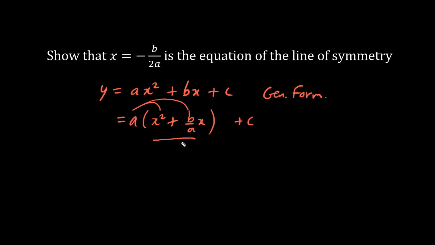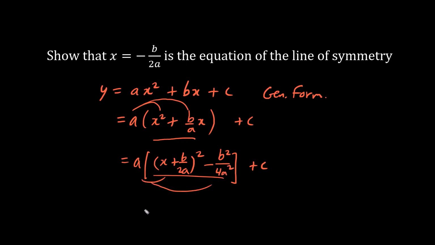We underline the part that we're going to complete the square on. And so we have this big bracket plus c, and we're going to set up a smaller bracket squared. And we copy down x plus half of b over a, which is b over 2a. And we're going to subtract this term here squared, which is b squared over 2a squared, which is 4a squared.